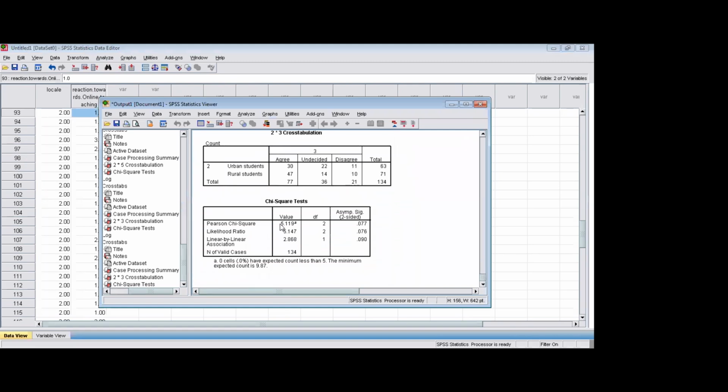Now the chi-square value will come out to be significant. Let me make some more changes.